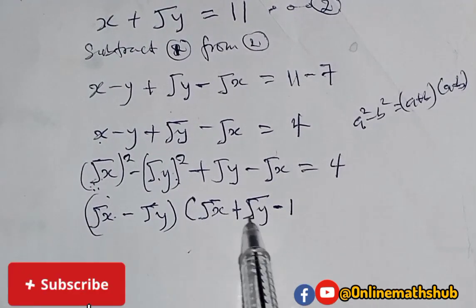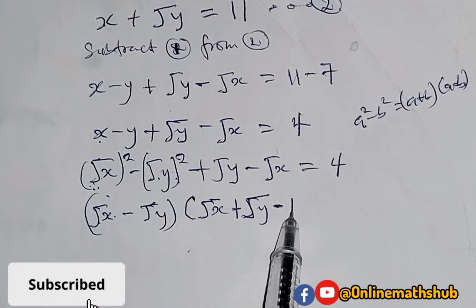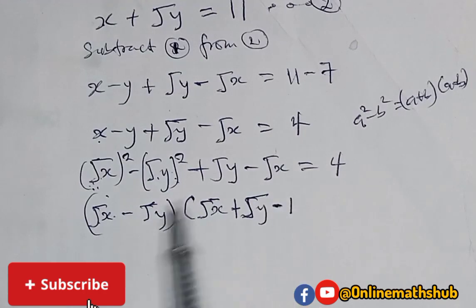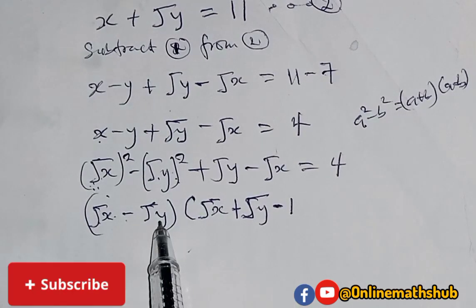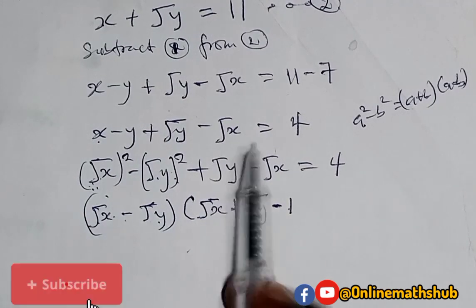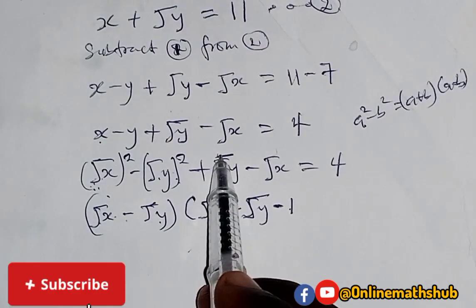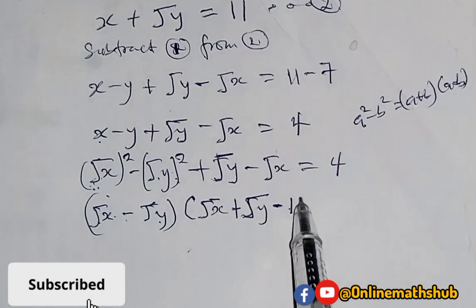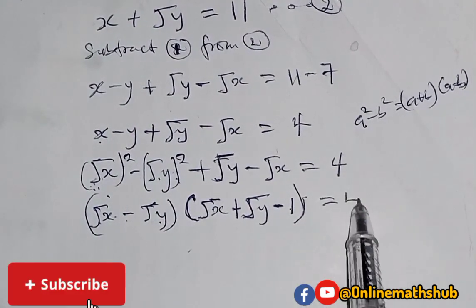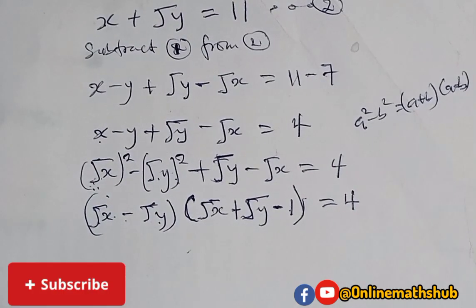When I multiply this by minus 1, I will have minus root x squared, and then when I use this minus root y to multiply minus 1 here, I will have plus root y, just like I have it right here. So I'm going to add this one right here, and then this is equal to 4. Okay, hope you are getting it.